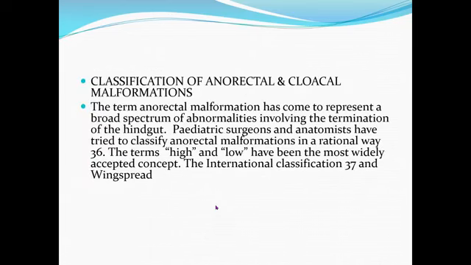Some classification of anorectal and cloacal malformation. The term anorectal malformation has come to represent a broad spectrum of abnormalities involving the termination of the hindgut. So the hindgut is important, and pediatric surgeons and anatomists have tried to classify anorectal malformation in a rational way.